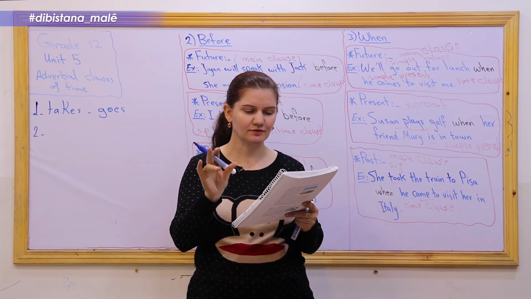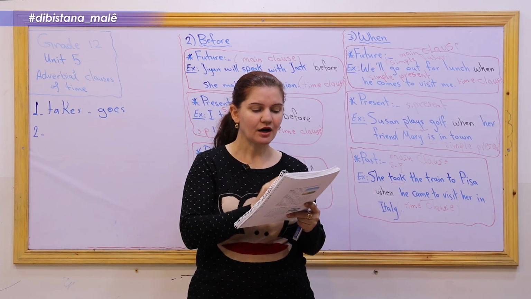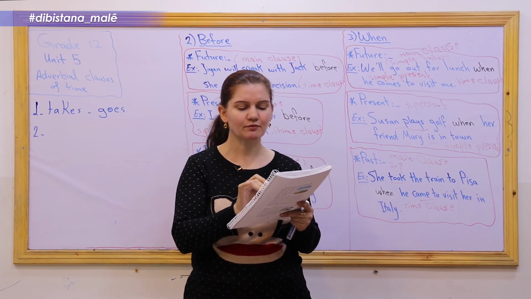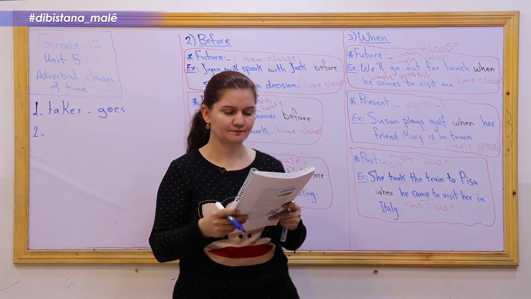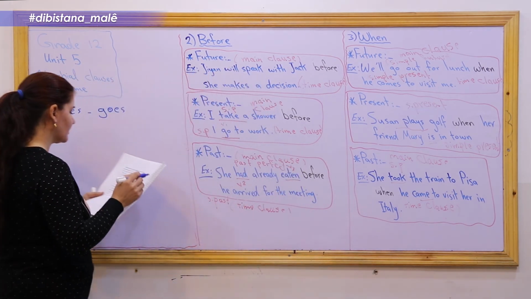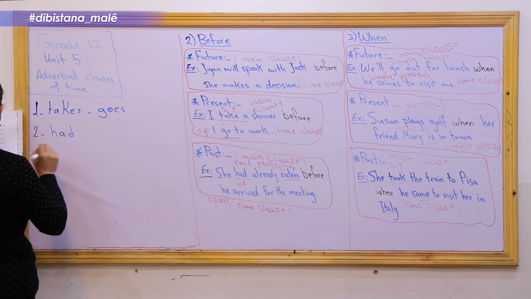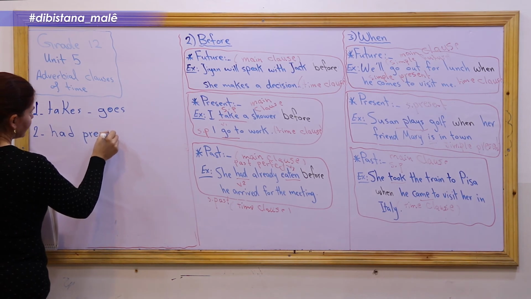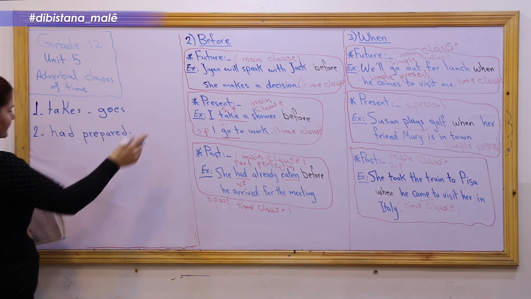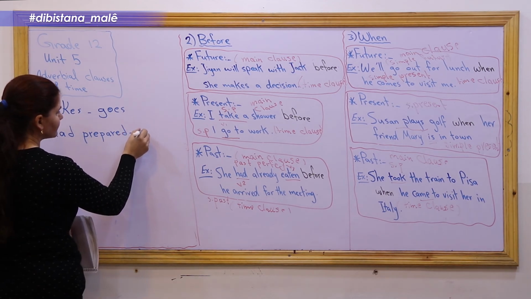We have two verbs, the first one prepare and the second one arrive. We have the main clause in the past perfect: had prepared. And the time clause should be in the simple past: arrived.